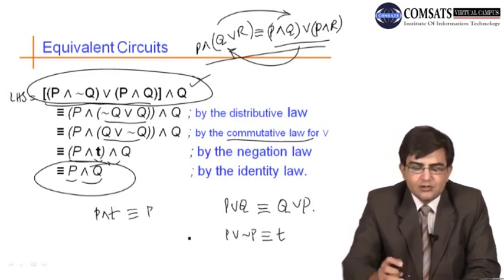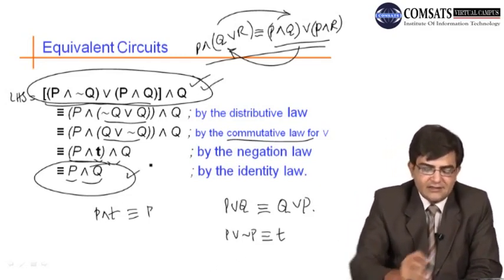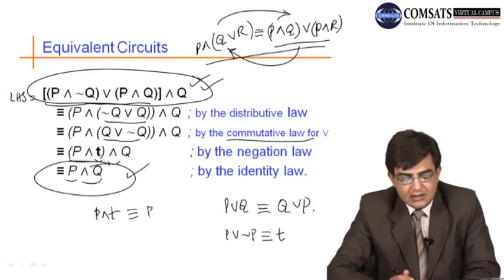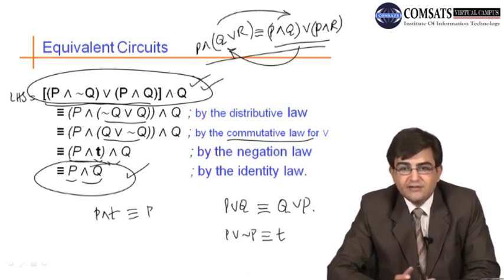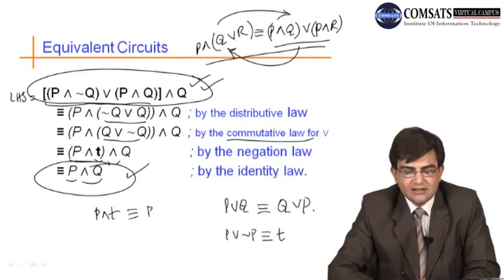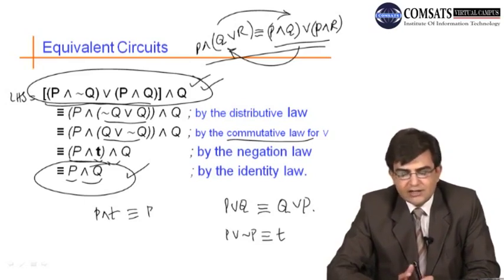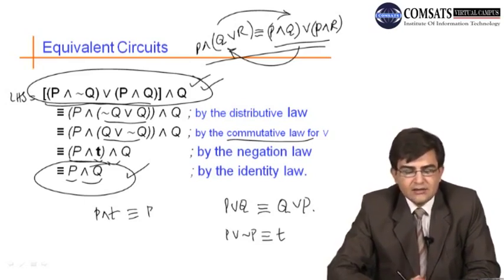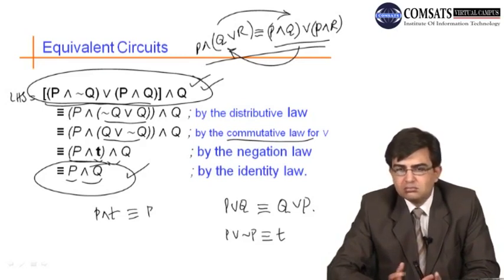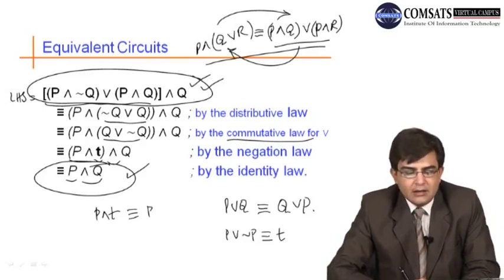It means that the truth table of this expression and this expression will be identical, as we have discussed in the definition of equivalent circuits: two Boolean expressions or two circuits are said to be equivalent if their truth tables are identical. That is, the truth values in each row will be identical.